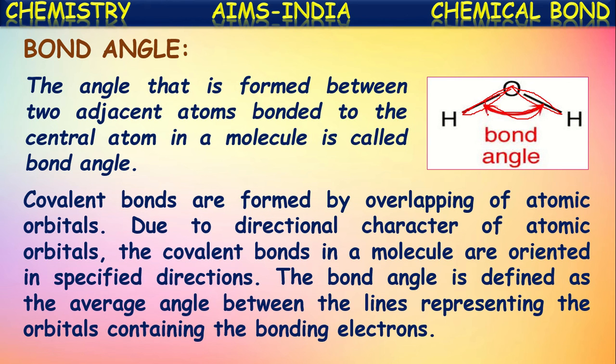The bond angle is defined as the average angle between the lines representing the orbitals containing bonding electrons. Okay, it can be simply defined in the case of covalent bonds as the average angle between the lines, see here, the lines representing the orbitals containing bonded electrons. Okay, that represents bond angle.